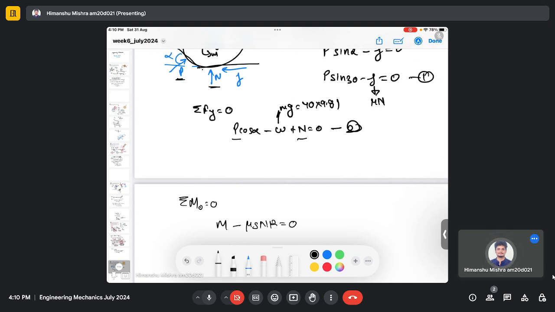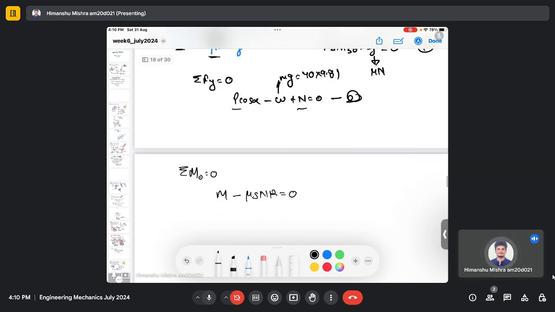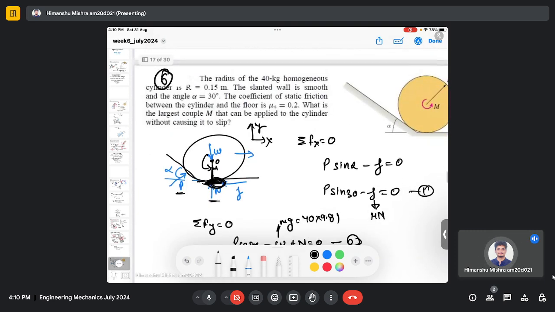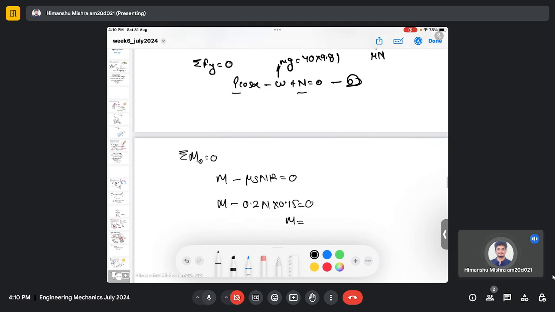R is the radius, the distance between the point of application of friction force here and the point O, which is 0.15. So M minus mu, which is 0.2, and R is 0.15, times N, equals 0. So moment will be given as 0.2 multiplied by 0.15 multiplied by N. So here we need to find N.